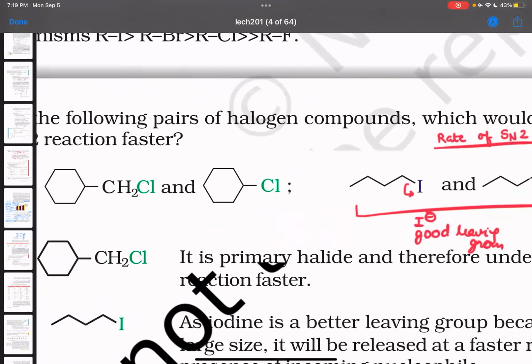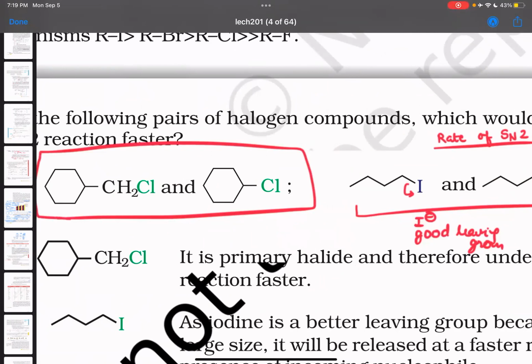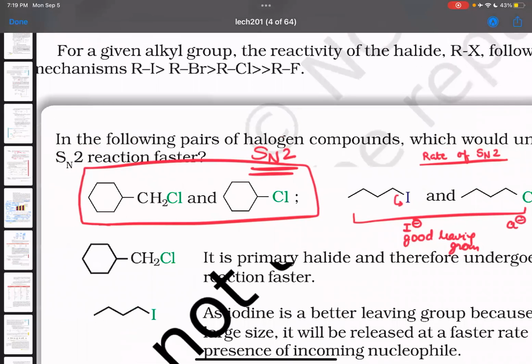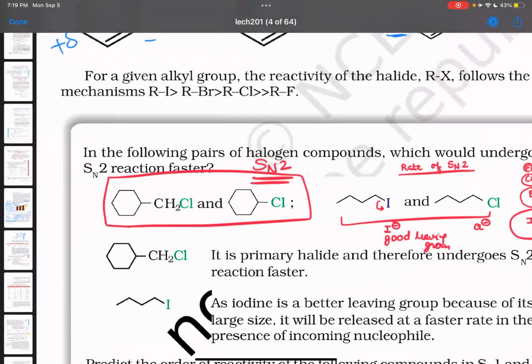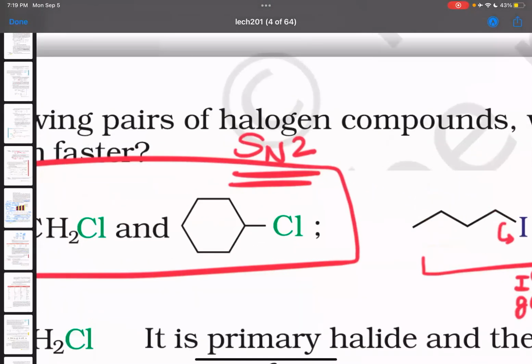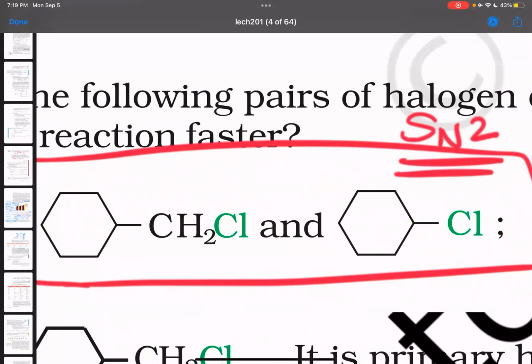Clear, sir. So what is the rate of SN2 in this case? This one. Yeah, Ahmad. CH2Cl.